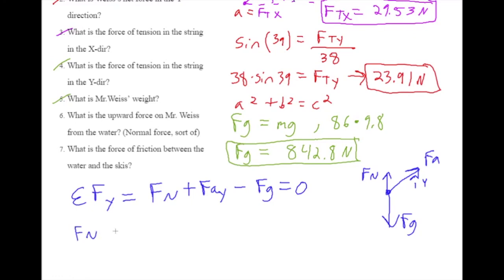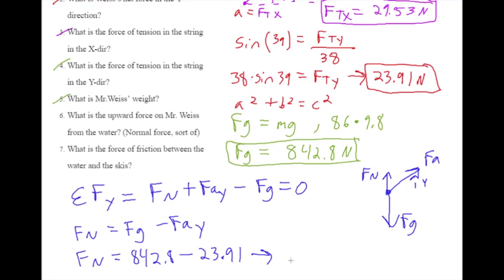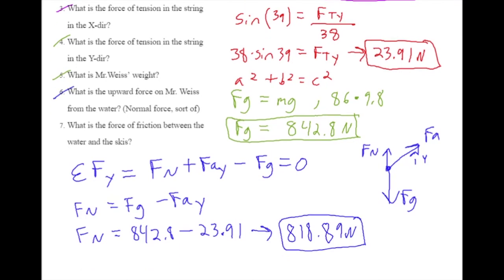We get force normal is equal to force gravity, and then subtract force applied to the other side, minus force applied in the y direction. We know what these two values are, so we're just going to plug them in. 842.8 for gravity, and force applied y is 23.91. Now we just add them together and we solve. We find out that force normal should be 818.89 newtons.